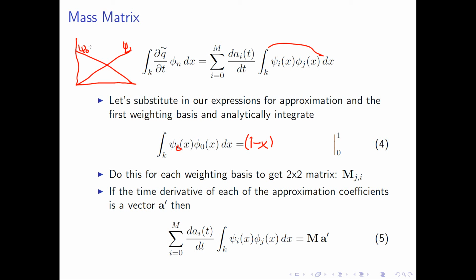We can see that this is the function 1 minus x, and this is the function x. So if we substitute these expressions into here, we have the integral of these two. And if we then evaluate this integral over our element, so in this case we're saying that our element ranges from 0 to 1, we can perform this big analytical integration and get an actual number out.